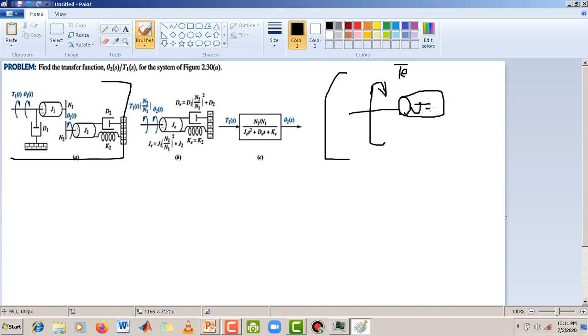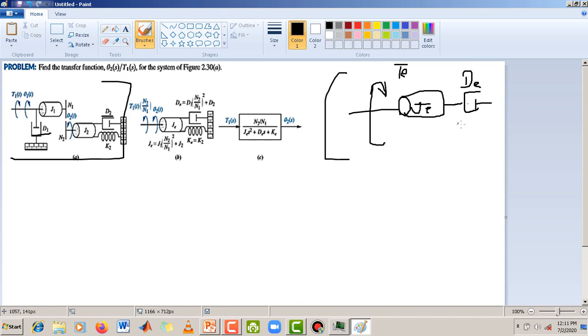Similarly, we also find the value of these individual dampers, so we find the value of the combined damper in the system, and this combined damper will be termed as DE. Instead of D1 and D2 there will be this DE.